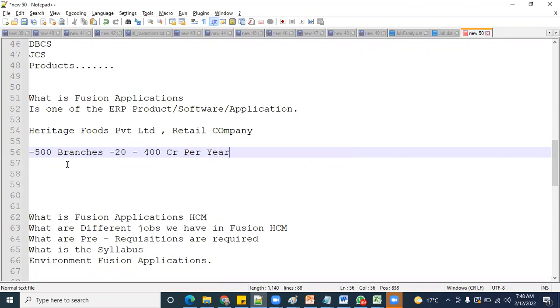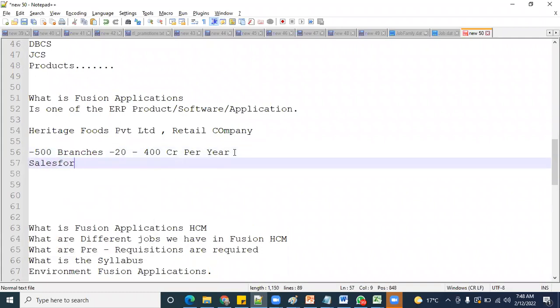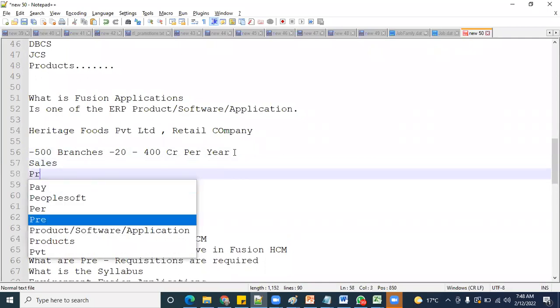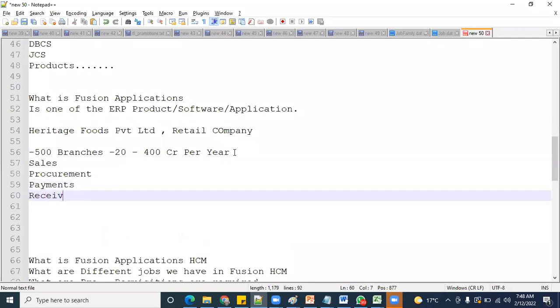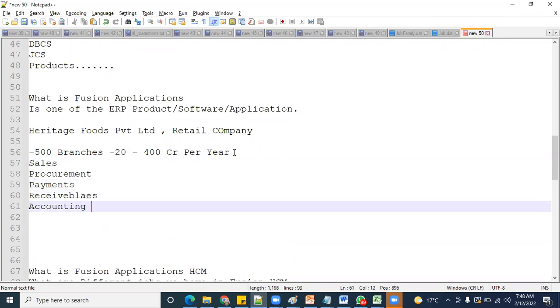So in every branch, every day, they'll be selling goods to the customers. When they are selling goods to customers or purchasing material, there are their sales, their procurement, their daily payments, receivables, and their accounting transactions, their employee salaries, their employee leaves, their employee benefits.